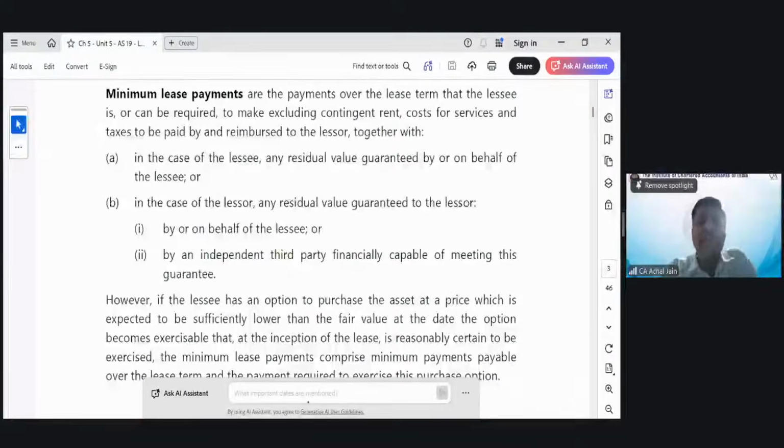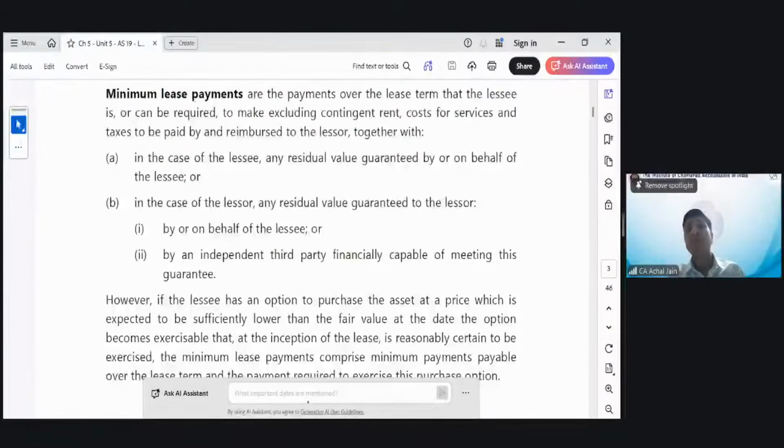Now, let's move on to minimum lease payments. What are minimum lease payments? These are the payments over the lease term which the lessee is required to make to the lessor. This minimum lease payment is required to be looked at from the perspective of the lessee and the lessor. If the lessee were to compute minimum lease payments, any residual value which is guaranteed by or on behalf of the lessee will be included in minimum lease payments.